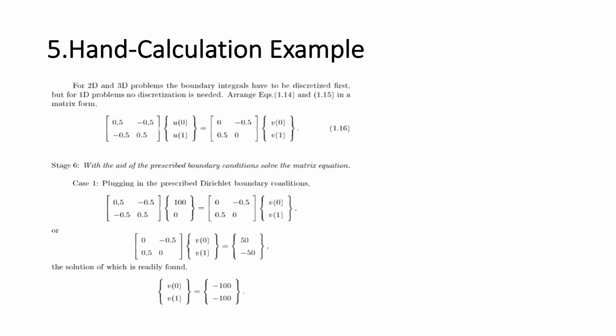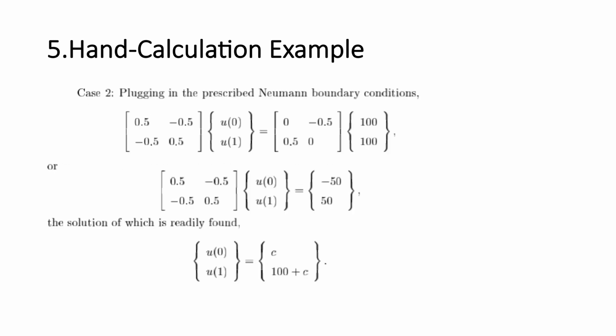And so for case 1, we have the Dirichlet boundary condition. We set it up into a matrix and we solve this, if you recall from linear algebra, how to solve a matrix. The solution we get is this. And for case 2, we use the prescribed Neumann boundary conditions.